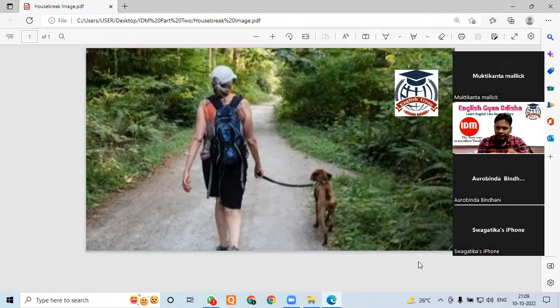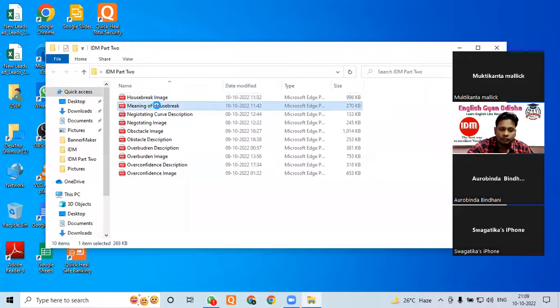So basically, the entire process, what exactly you are trying to teach your dog is to urinate outside, not inside, and the process is called housebreaking. Housebreak. You say, sir, housebreak means breaking the house? No. Take out the definition. This is called housebreak. Very beautiful words.